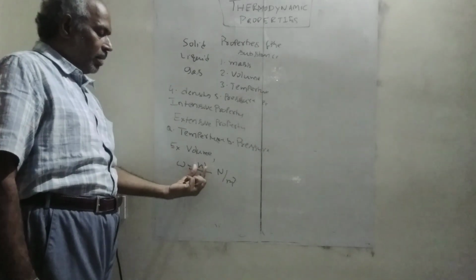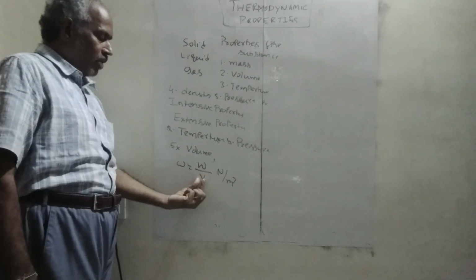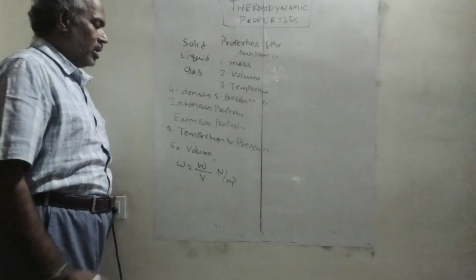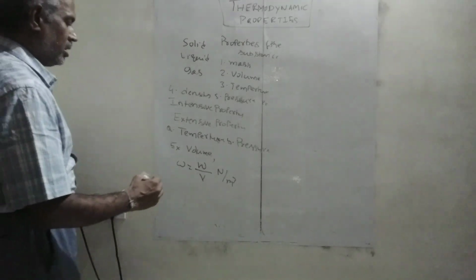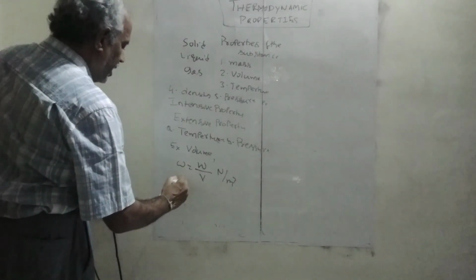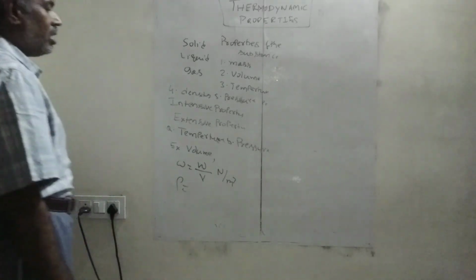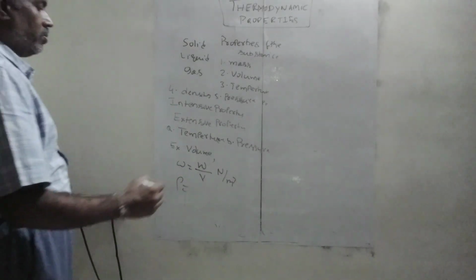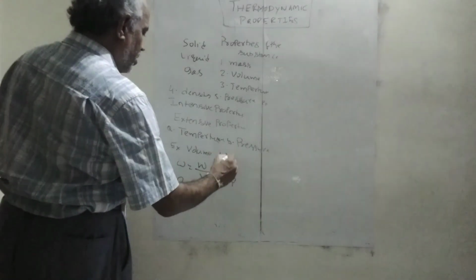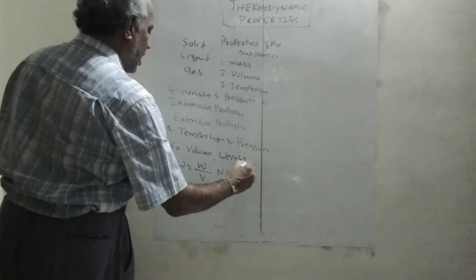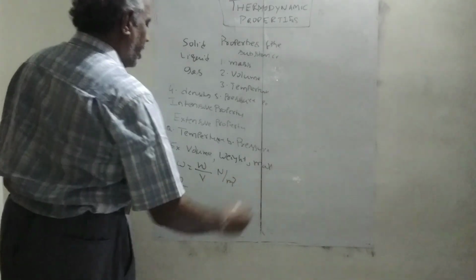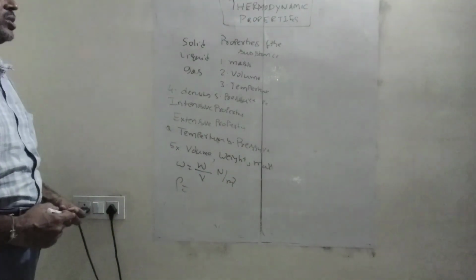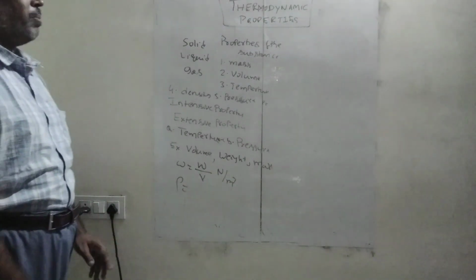If you decrease the volume, the weight will decrease. So specific weight and density are intensive properties. And volume, weight, and mass are extensive properties. So this is all about the thermodynamic properties of a system.